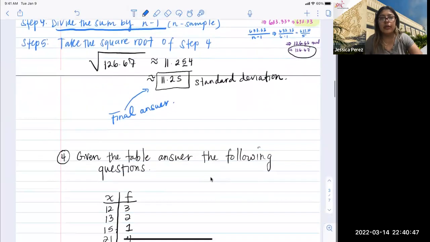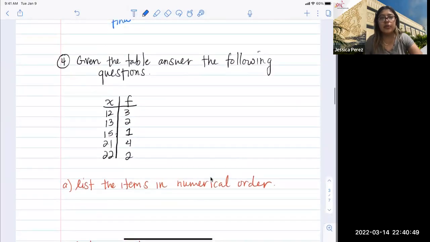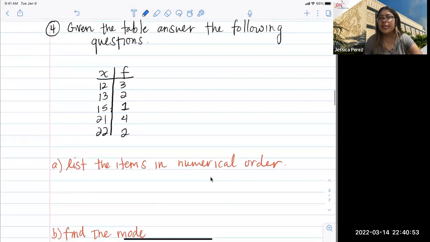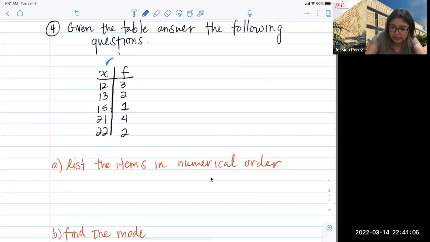All right, so the next step is, given the table, answer the following questions. This is a frequency table. We should know how to do this. We want to list the items in numerical order. All right, so then here, what do we have? This is the value. This is the frequency.